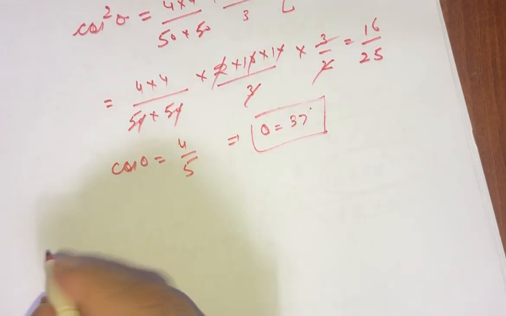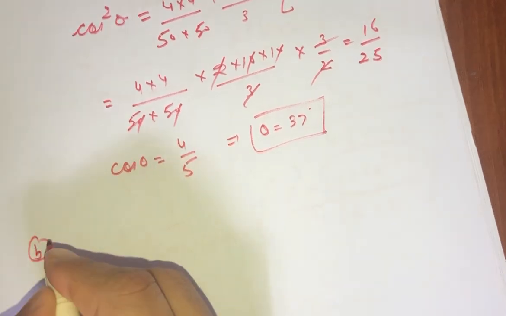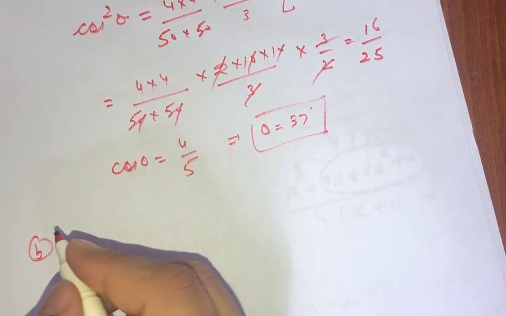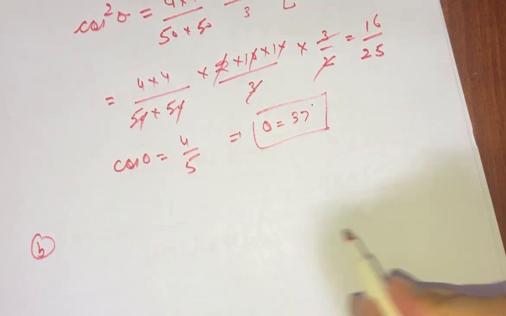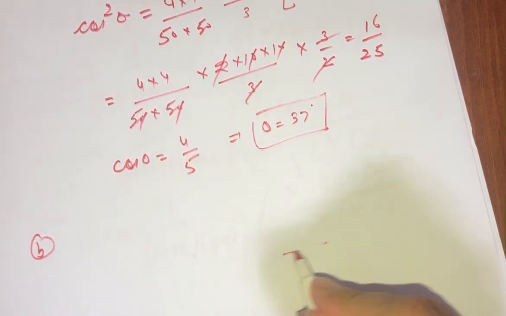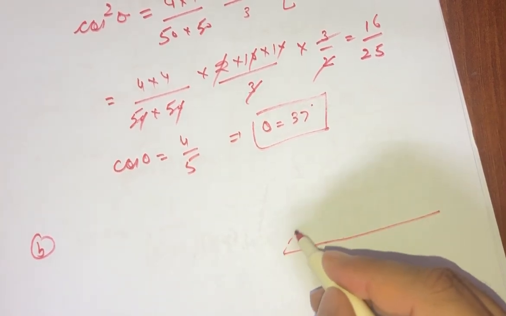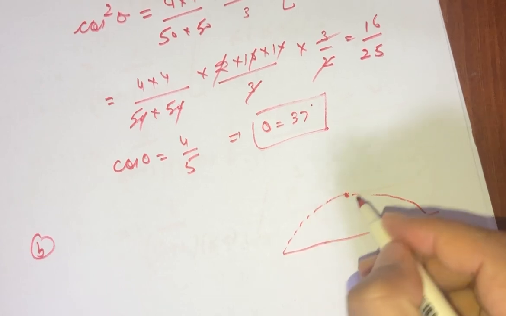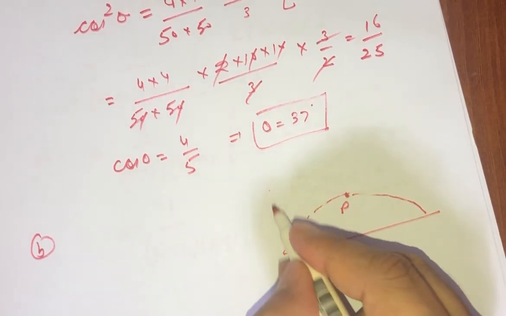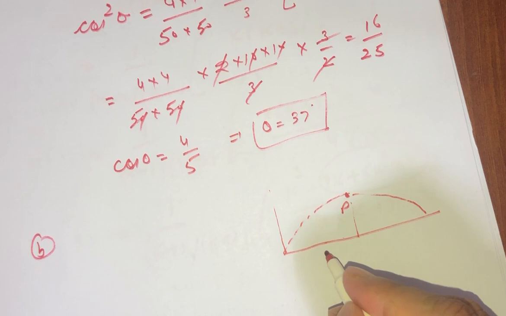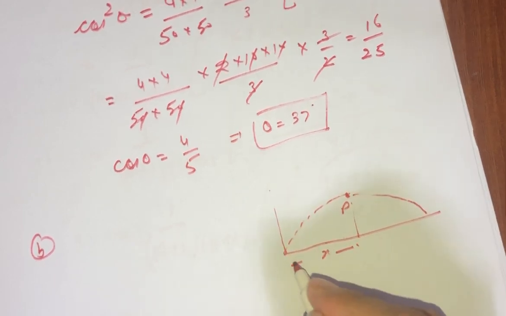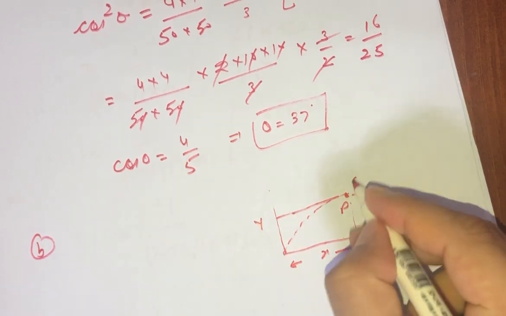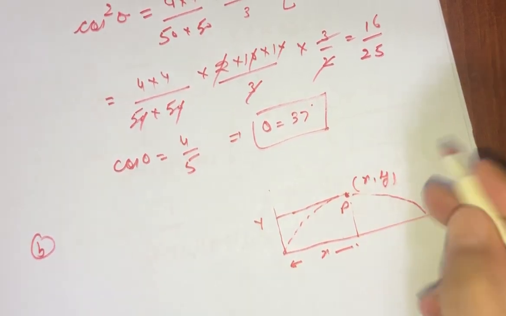In this B part, the second part, we are going to find out what will be the coordinates. So we can draw a diagram. We know that this is point P. So let us assume this is x distance from the origin, and it is a height of y. So coordinate will be x comma y.